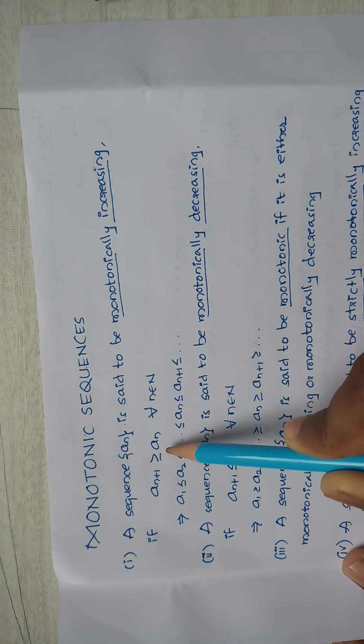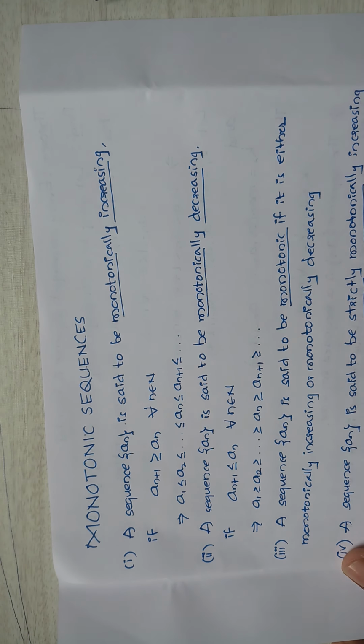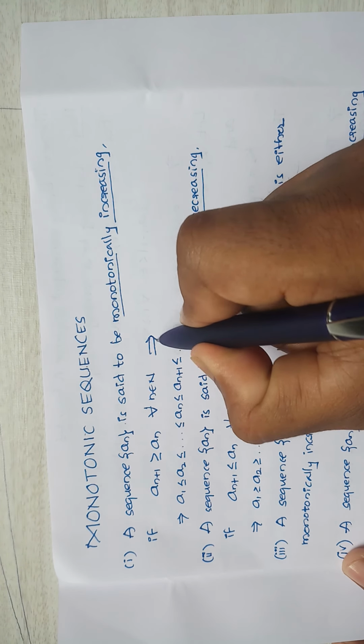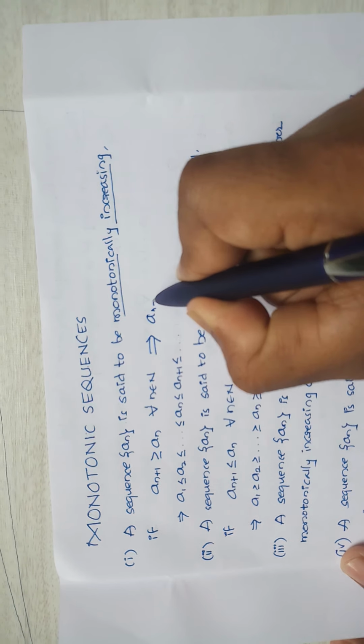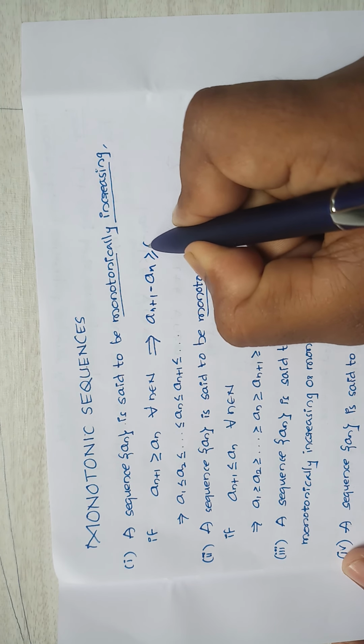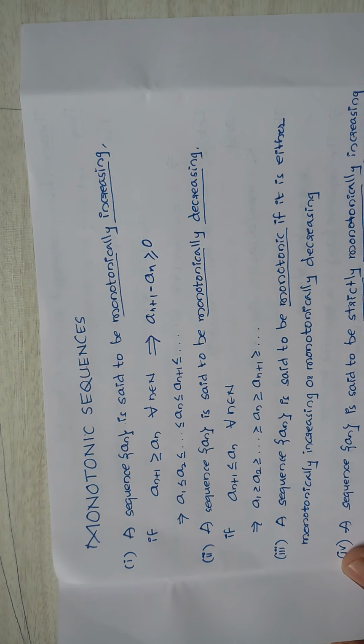This can be expressed by subtracting a_n from both sides, so a_(n+1) minus a_n is greater than or equal to 0. Then also that sequence is called a monotonically increasing sequence.